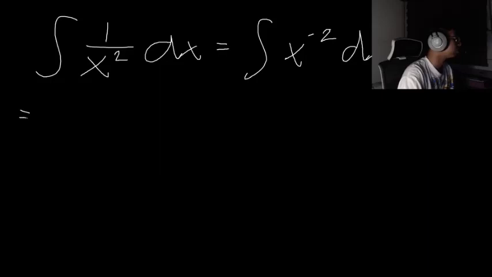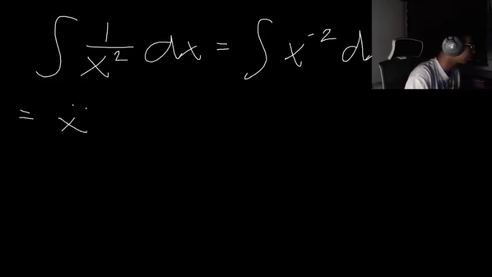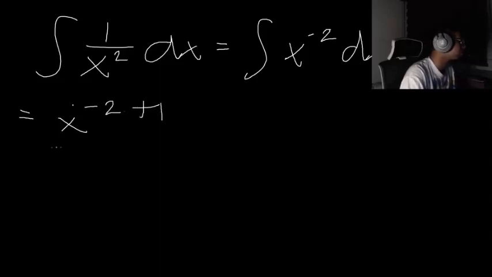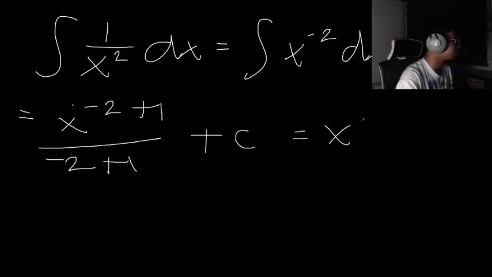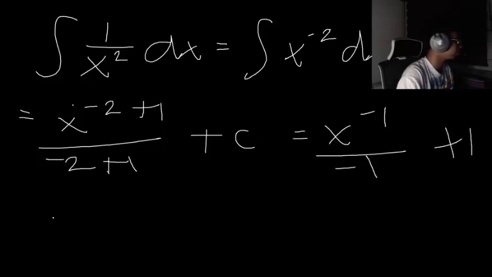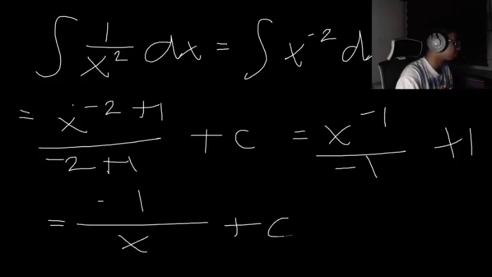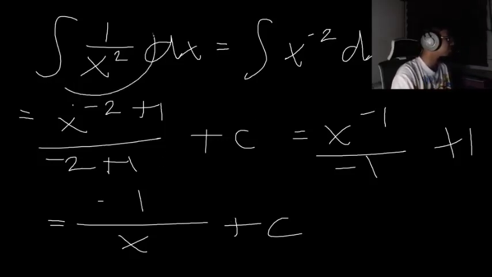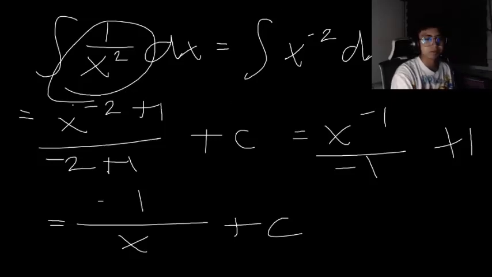Then now we use the power rule. x raised to negative 2 plus 1 divided by negative 2 plus 1 plus c. Now we will get negative x to the negative 1 over negative 1 plus c, or which we can write as negative 1 over x plus c. Now remember guys, if you have a rational function like this, always rewrite then use the power rule.